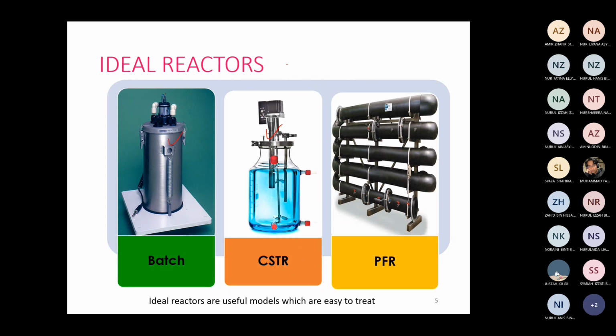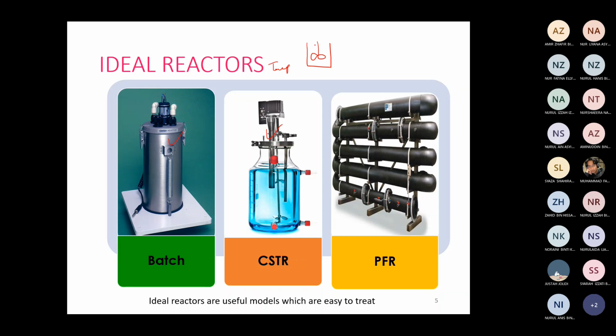Because in a real system, the batch, CSTR and PFR, we treat as non-ideal reactors, because we're not looking into one factor only. For example, in the CSTR, the process is not affected by one parameter only, such as temperature.